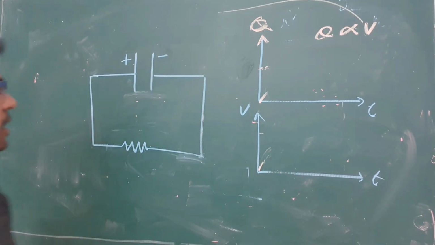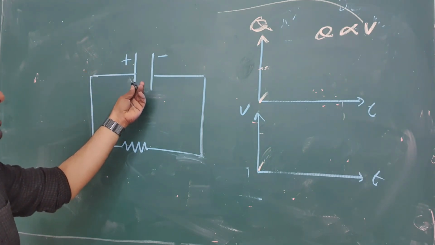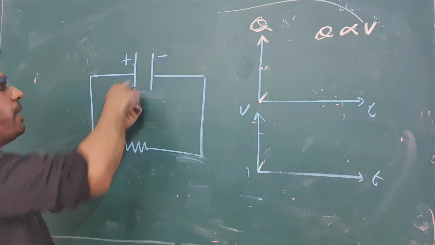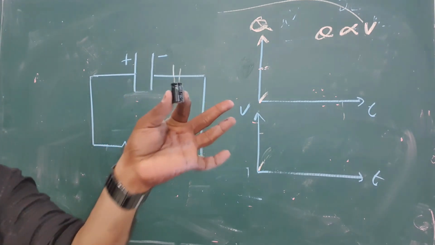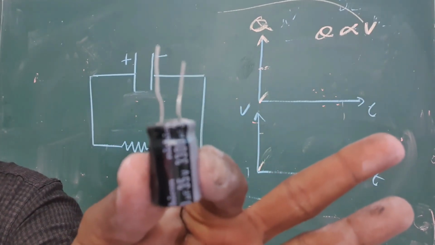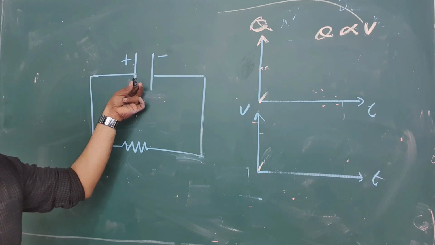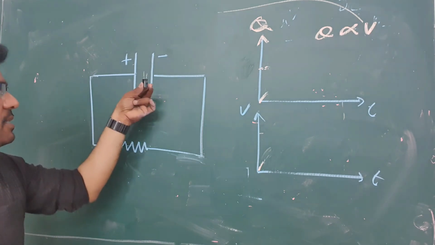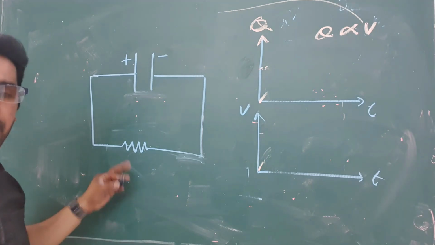Now this is plus, you can see the plus part is the larger one and the smaller part is the minus one. This is the capacitor. And this is the resistor.